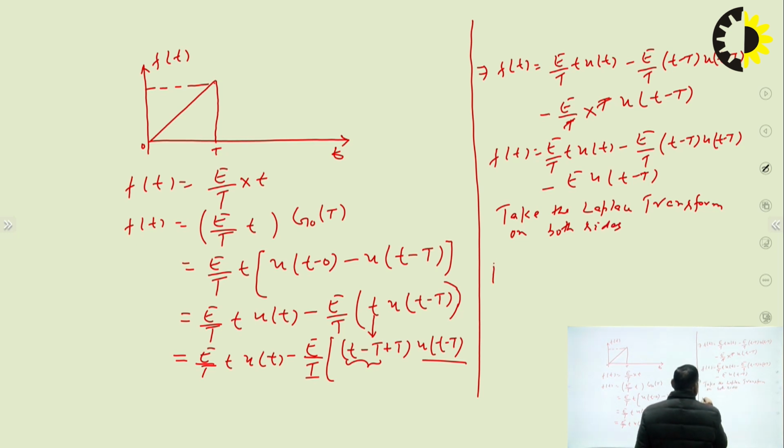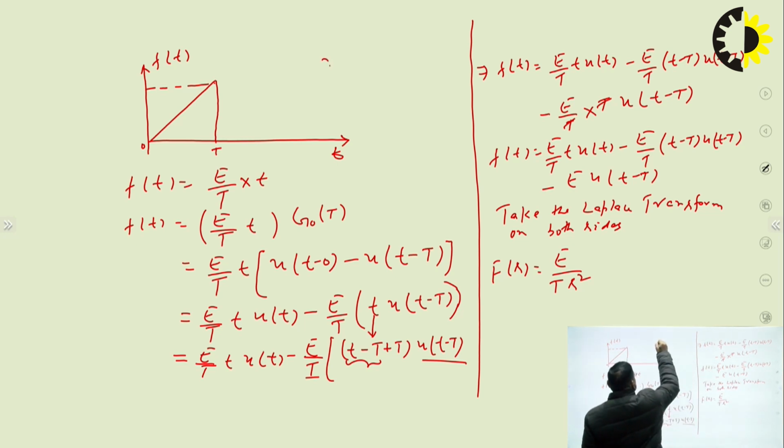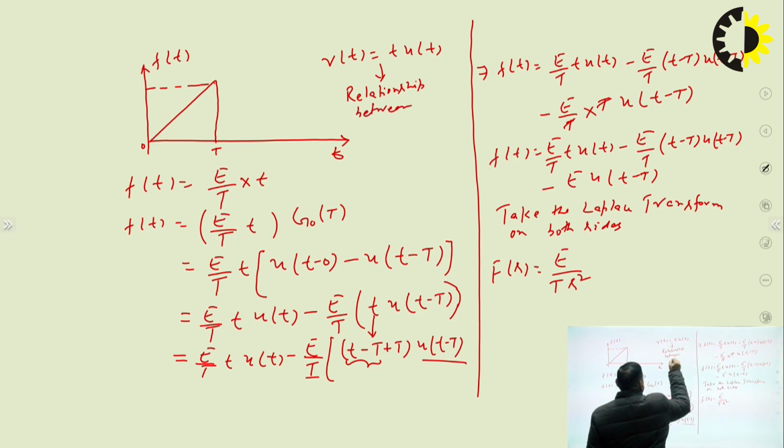So f(t) becomes F(s), and what is the Laplace transform of t u(t)? So it is E by T s square, because we know that r(t) is equal to t u(t). So this is the relationship between unit step and ramp function.